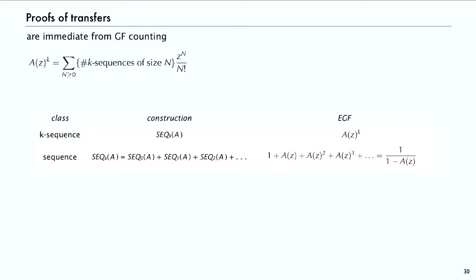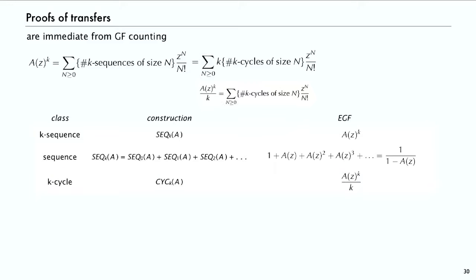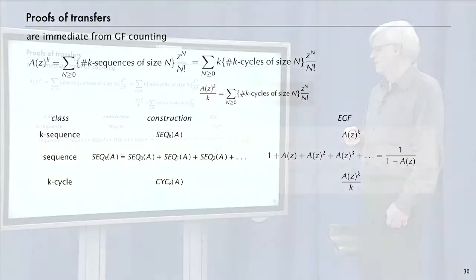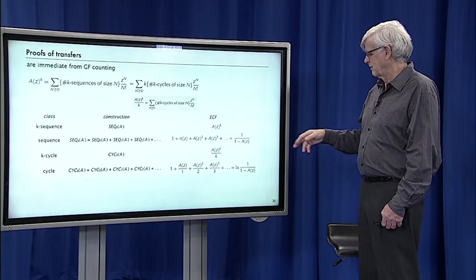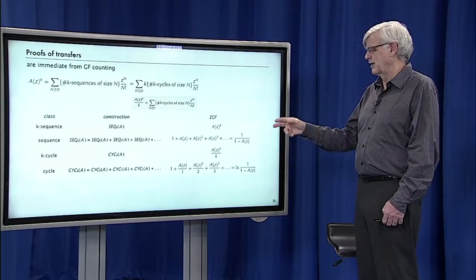But if you have all the k sequences of size n, then each k cycle of size n appears k times, once in each cyclic orientation. So A of z to the k over k is the EGF for cycles of k objects. And summing all those up gives the result for cycles of any length.